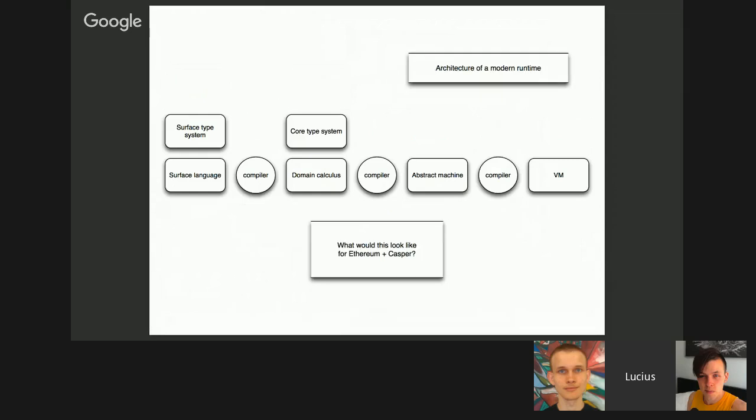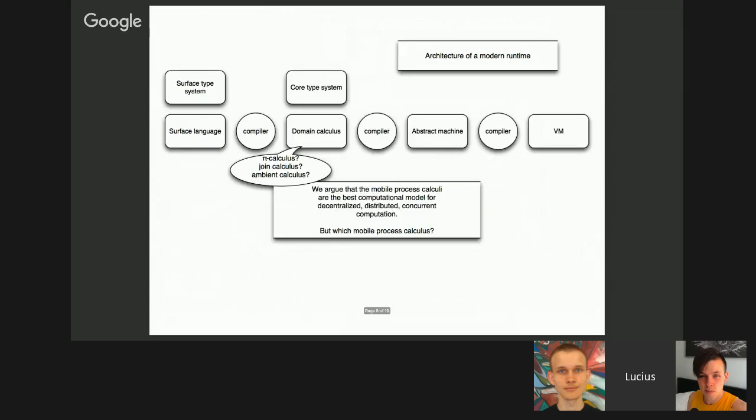So the question is, what would this look like for Ethereum plus Casper? I have argued, over the last several months, that the domain calculus is best represented as a mobile process calculus, because essentially that's the only notion of computation that supports all of the concurrency and decentralization constraints.